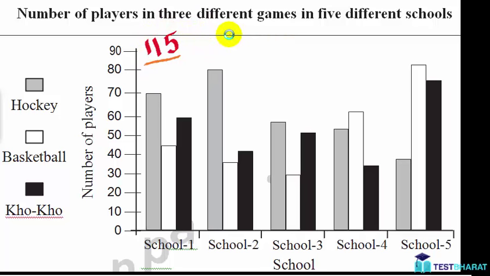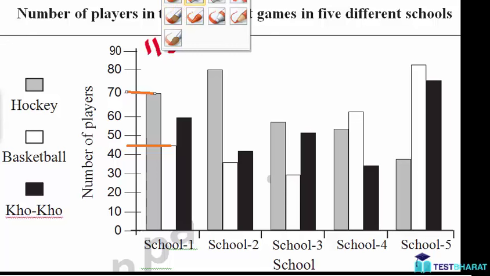So what we will do is we'll take the average of hockey and basketball. This is somewhere at 45, and this is somewhere at 70, right? So the average will be between 70 and 45. I changed the brush.